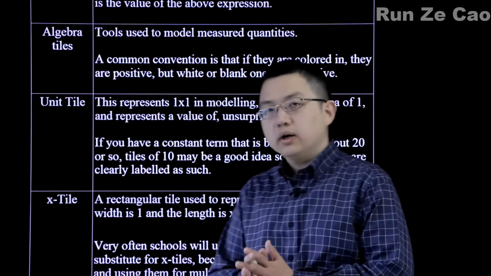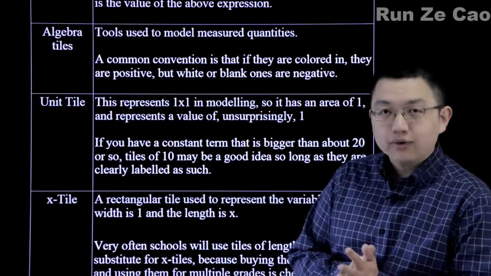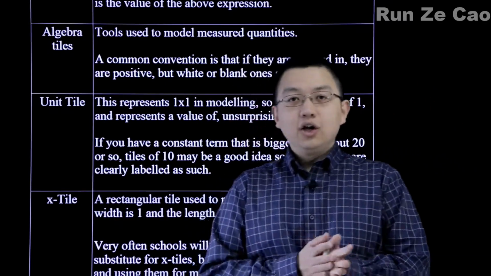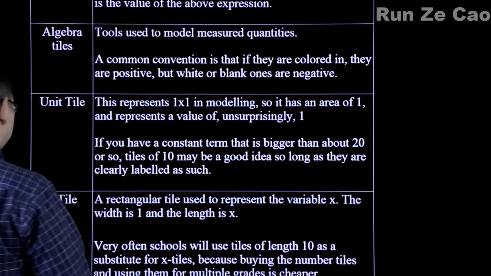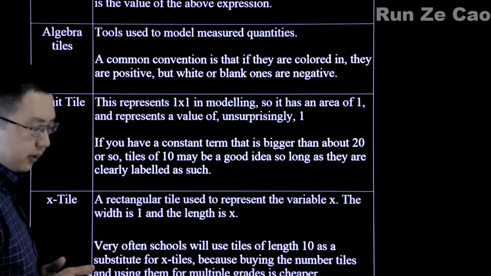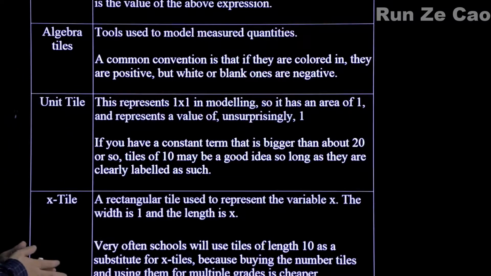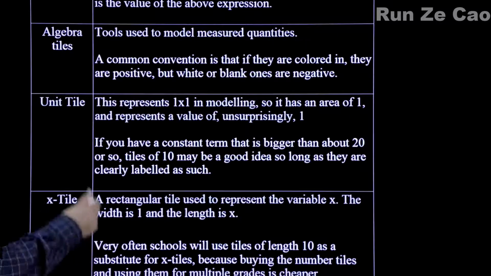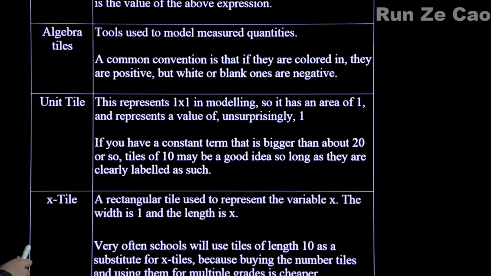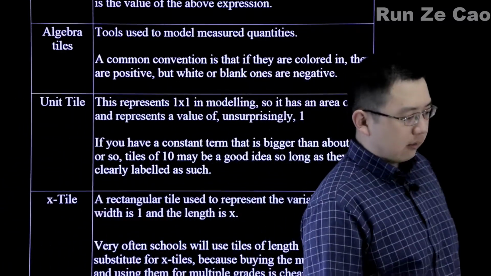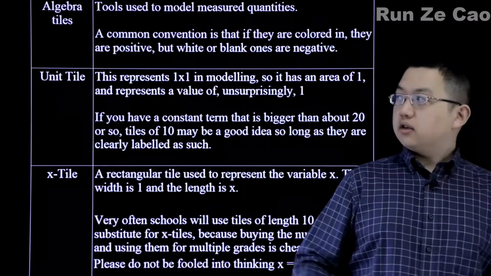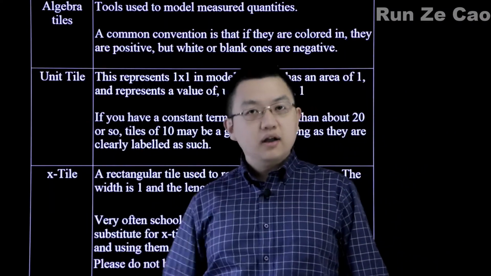Now, we will use some algebra tiles, which are commonly used in North America, to teach people how algebra works, even though a lot of it will look very similar to, if not completely overlap with, number tiles. A common convention for algebra tiles is that colored in is positive, but white or blank ones are negative. Of course, on this, we will have filled ones be positive.